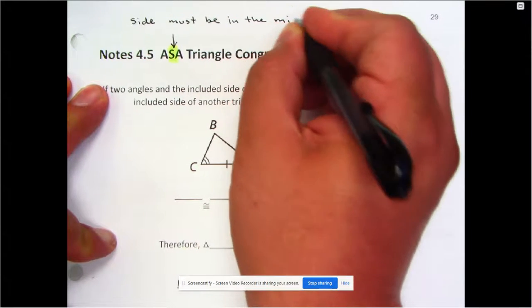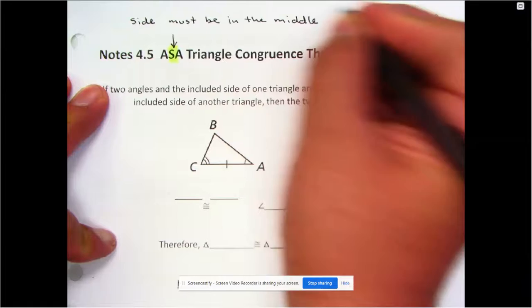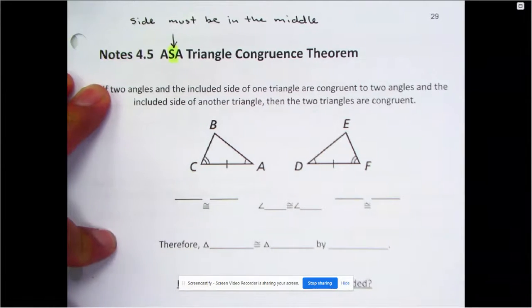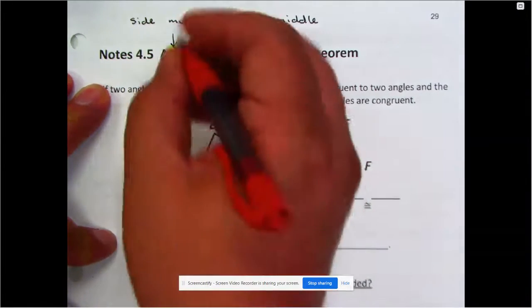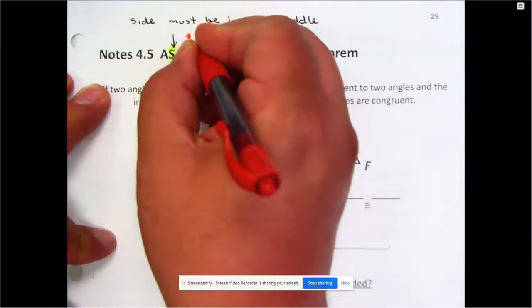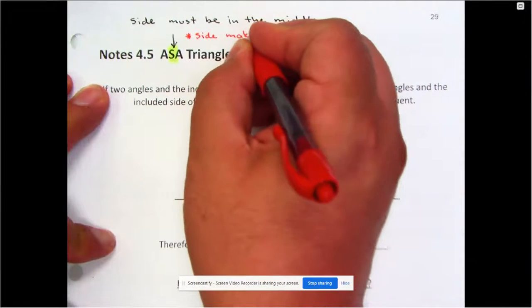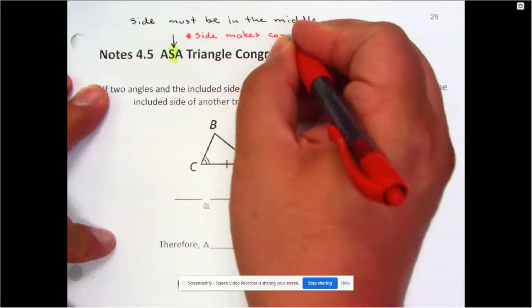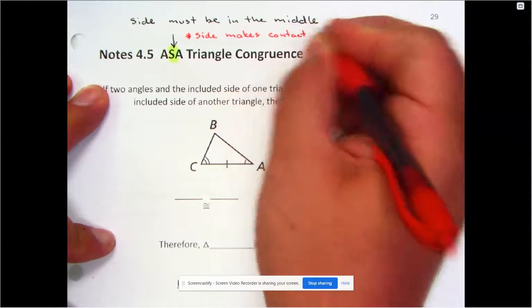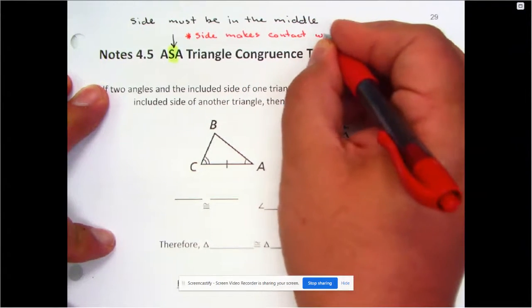Very important. Of course, what that means when we mark our pictures is that the side makes contact with the two angles.